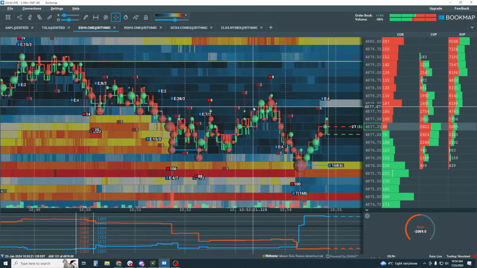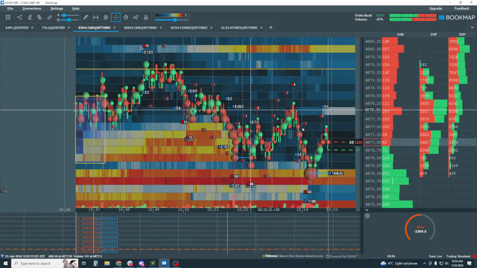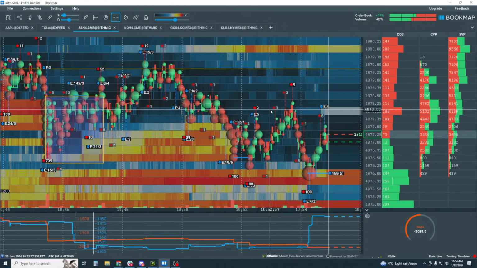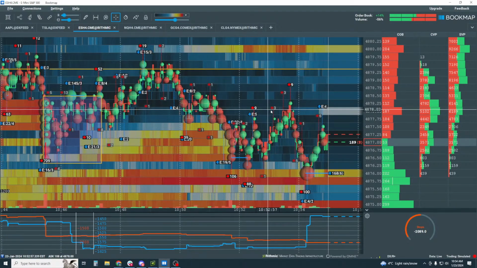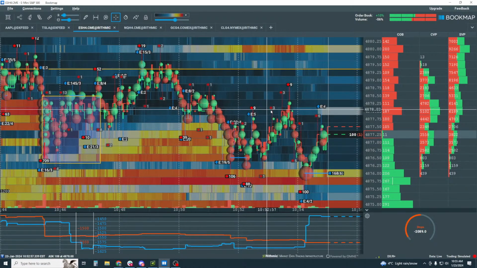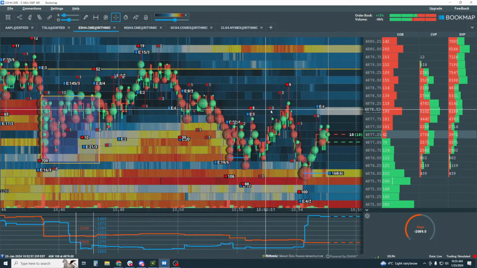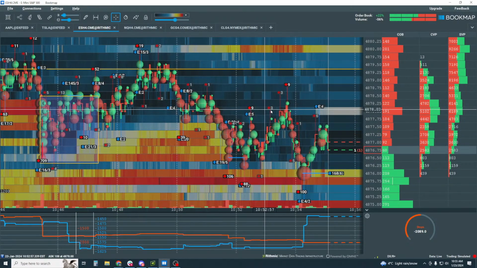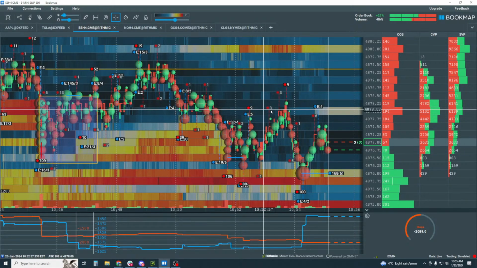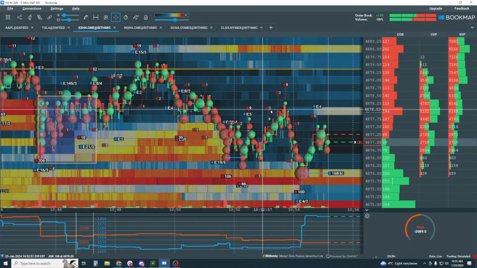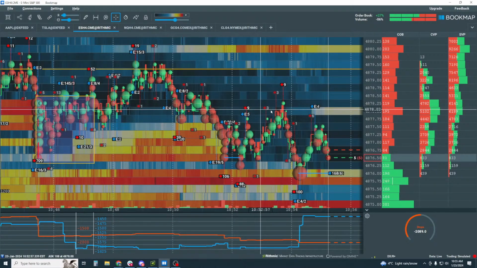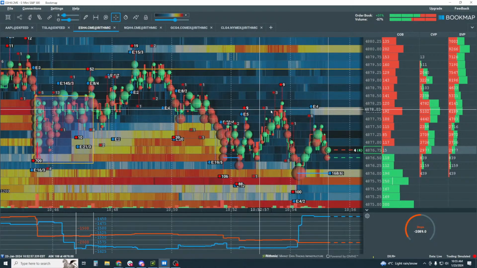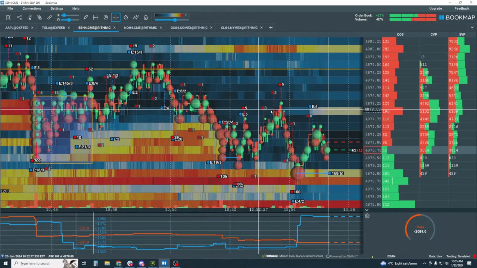These are the kind of rotations that we see. When you look at patterns like a head and shoulders or other patterns in the marketplace, this is how they develop. There's this kind of back and forth, this buying and selling, and then we're looking to see who can carry it further and make new highs or new lows.